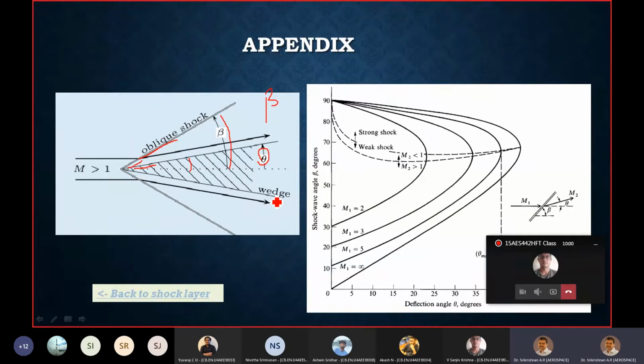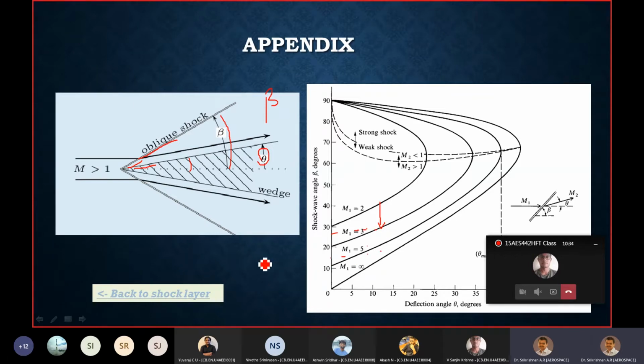So we know, if you go by this shock wave diagram, it clearly comes out that for a given theta, when you have an increase in Mach number, the beta reduces. These are for different Mach numbers, Mach 2, Mach 3, Mach 5, Mach infinity, etc. As you increase the Mach number, the value of beta, which you measure on the y-axis, keeps coming down.